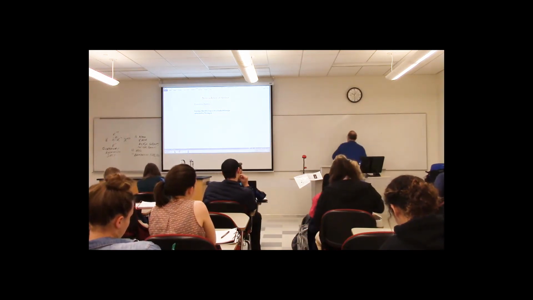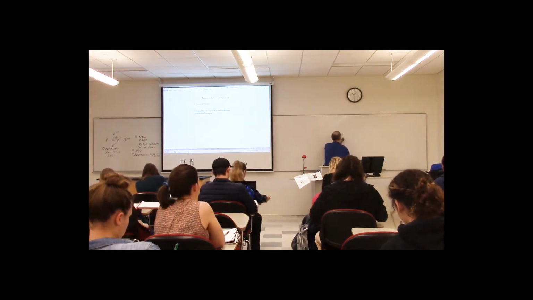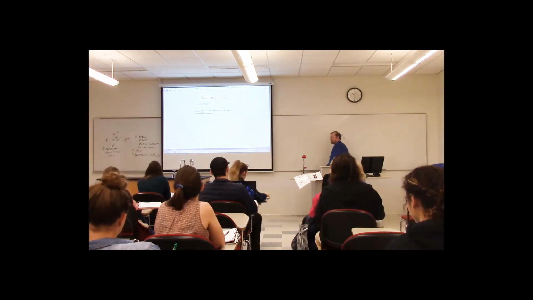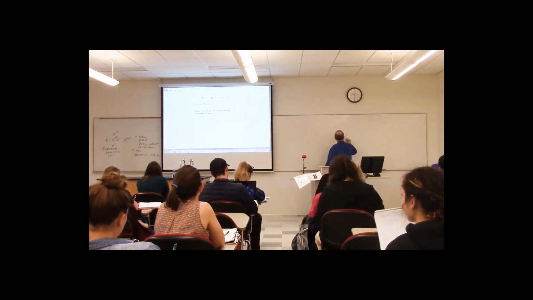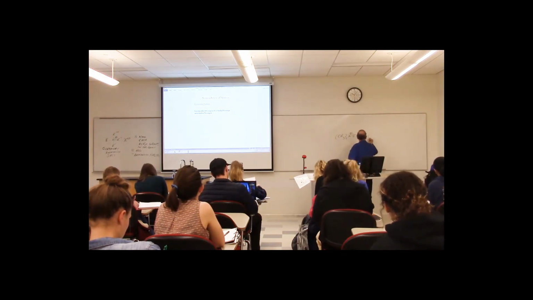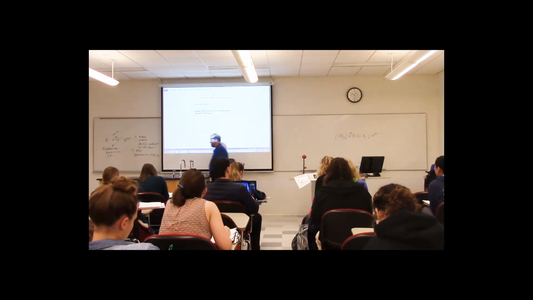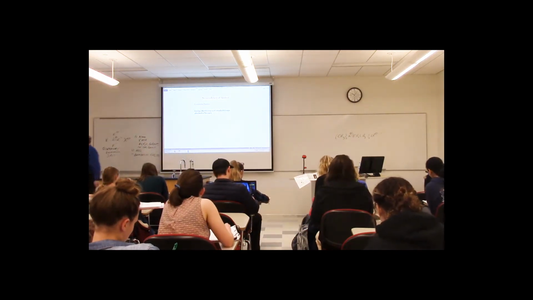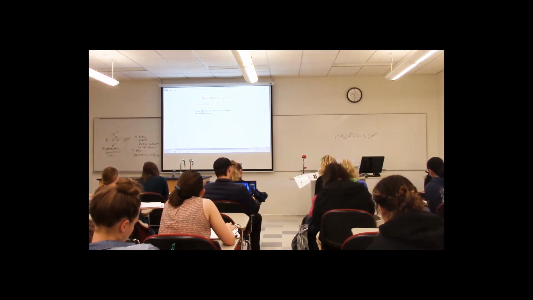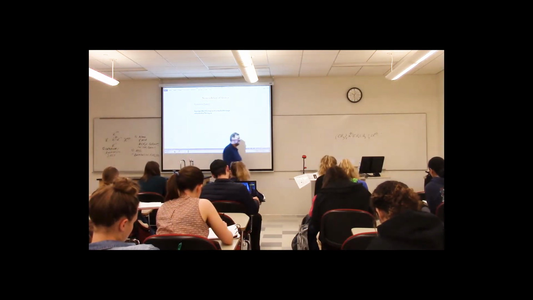All right, let's look at some quaternary ammonium salts. And if we look at the molecule I just drew on the board, the question would be, what is its name?